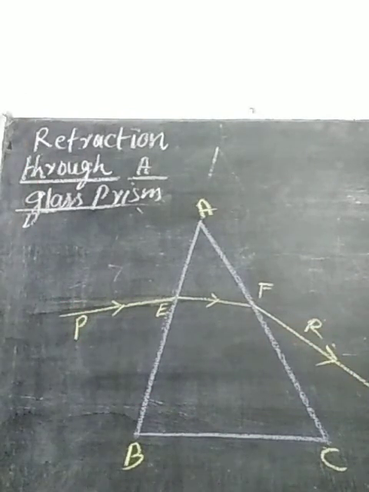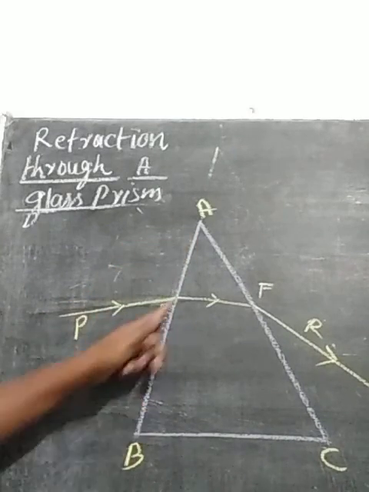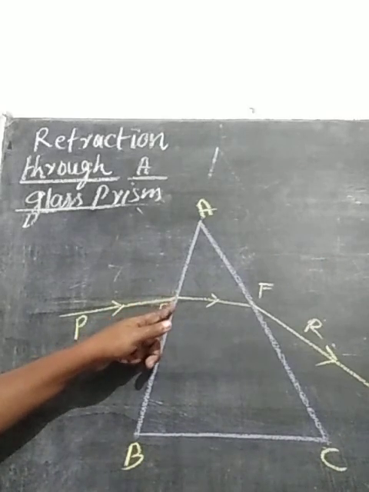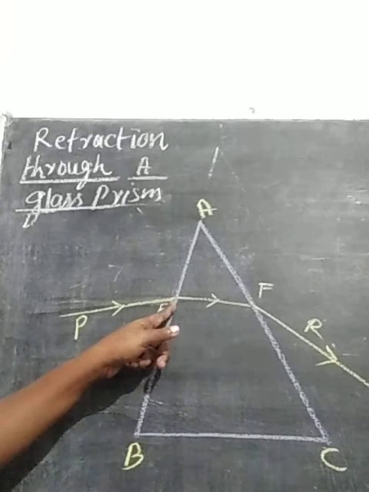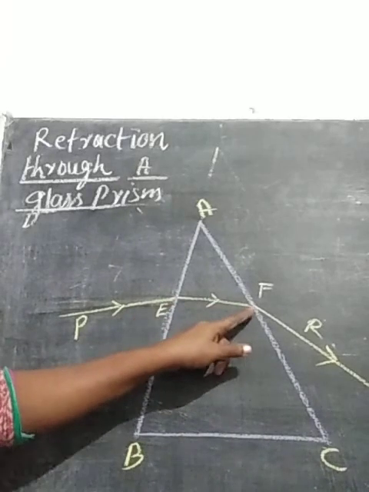So PE is an incident ray that strikes the glass prism at the point E. This is called the point of incidence. At this point E, the light ray suffers refraction for the first time, and this is the refracted ray after one refraction.